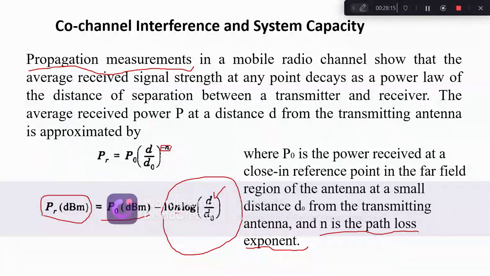And since we are taking the ratio d over d naught, you see what d and d naught are. D naught is at a small distance from the transmitting antenna. So this is distance.